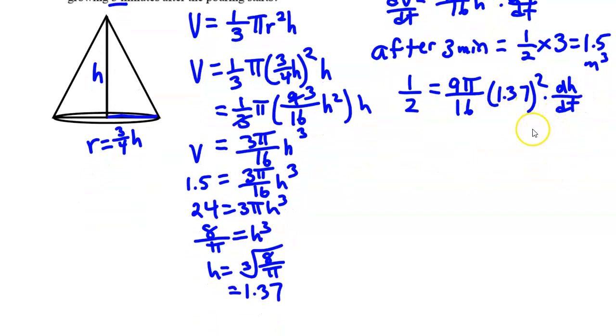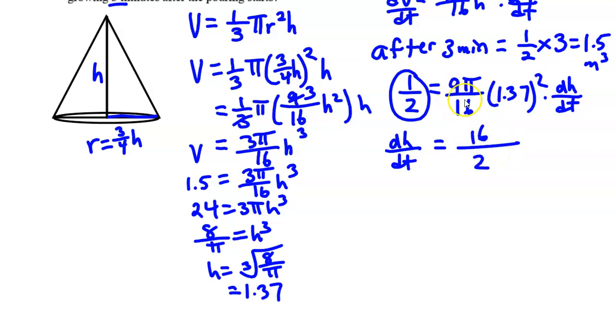Now we're going to isolate dh/dt. Let's see if we can do that in one fell swoop. dh/dt would be equal to, the half stays on this side, I'm going to multiply the 16 to both sides, divide both sides by 9 pi, and then divide both sides by 1.37 squared.